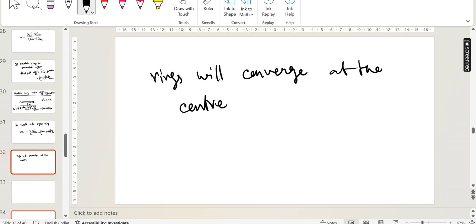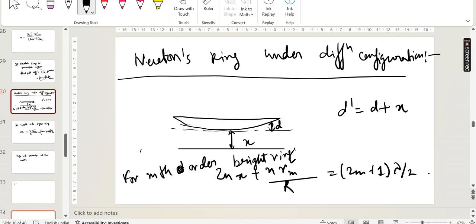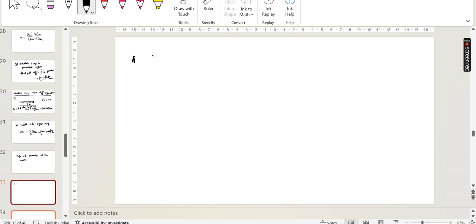We can get the lambda. So this is one thing, we can describe different configurations.